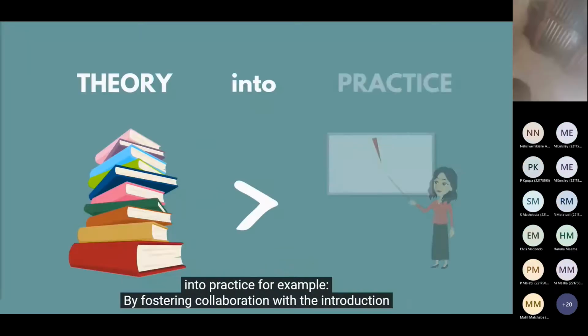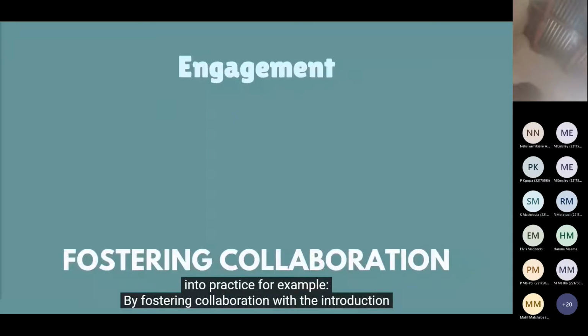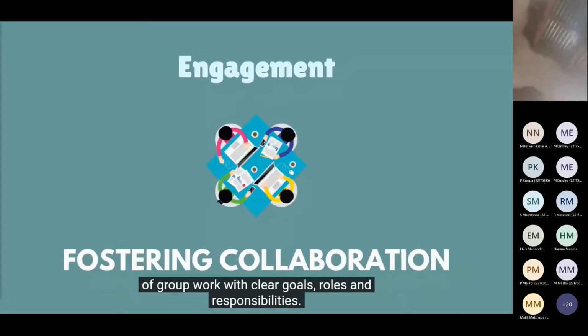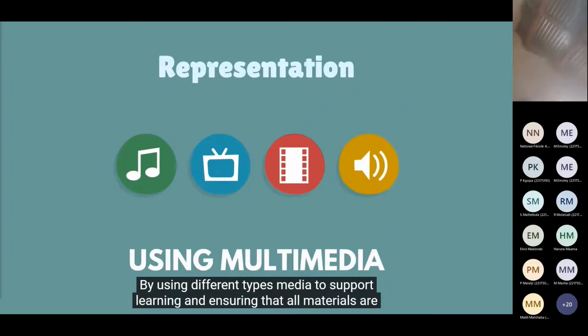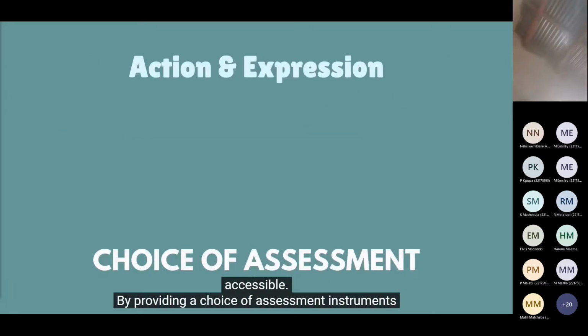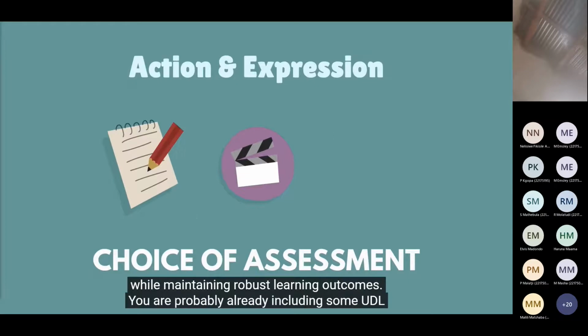For example, by fostering collaboration with the introduction of group work with clear goals, roles, and responsibilities, using different types of media to support learning, ensuring that all materials are accessible, and providing a choice of assessment instruments while maintaining robust learning outcomes.